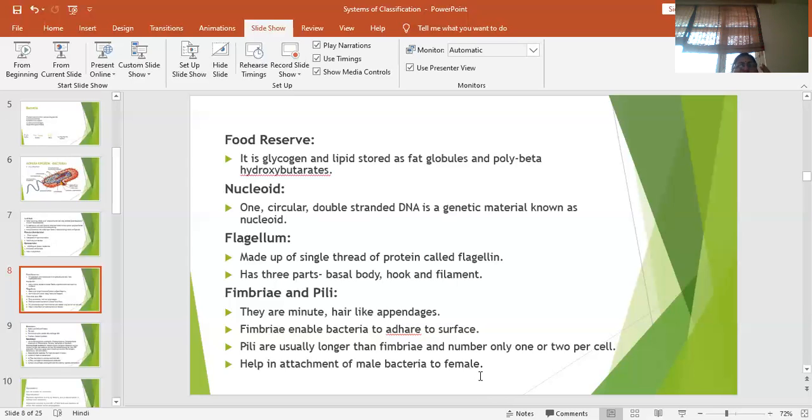So that means two bacteria come closer to each other, get attached, and a small part of DNA from one bacteria is transferred to another bacteria. The bacteria which gives the genetic material is considered positive or female bacteria. The other bacteria which gets the DNA is known as negative bacteria or male bacteria.